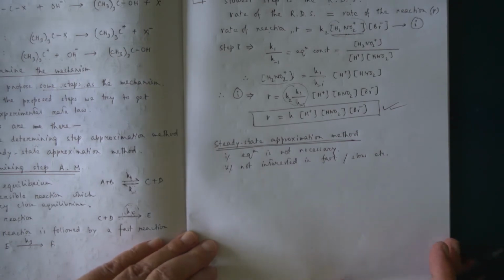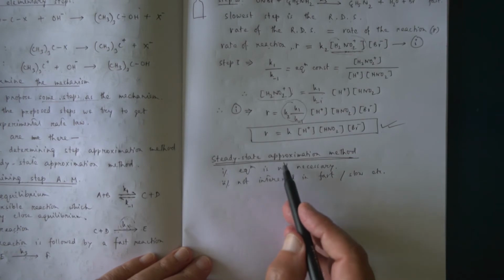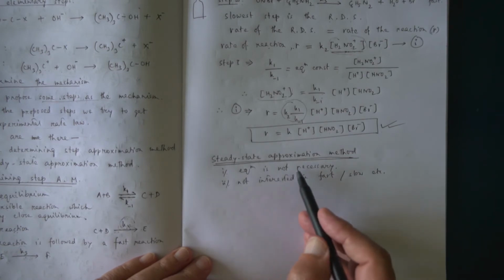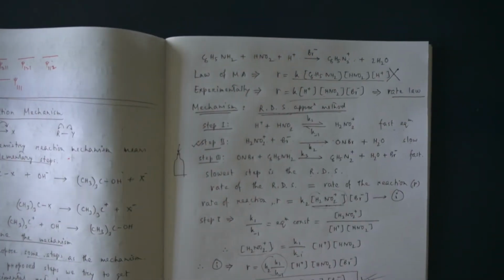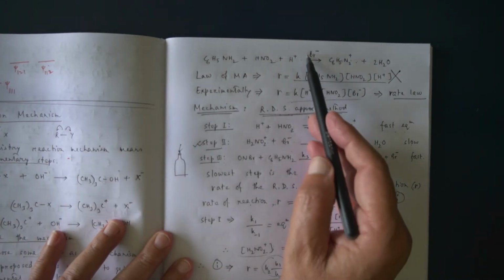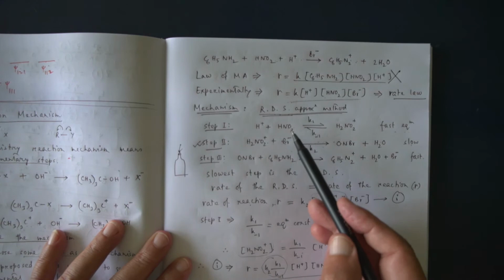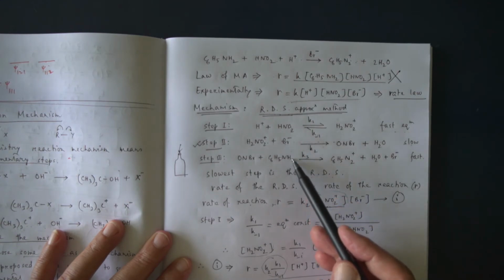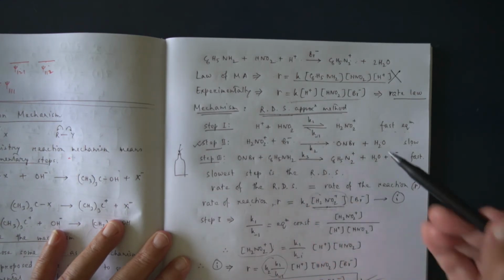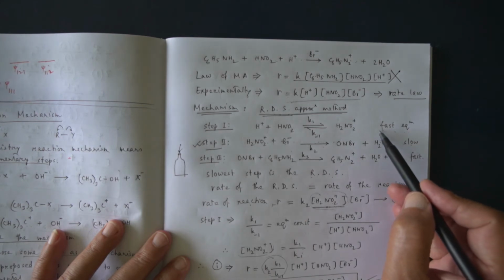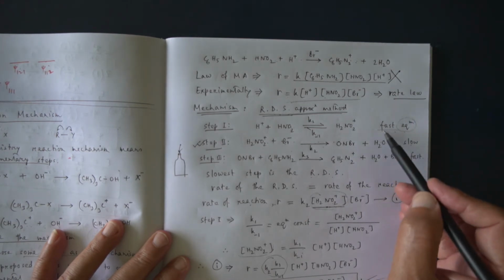So what is required is that, say here, for this reaction, let us use the same reaction. For this reaction, we are writing the mechanism like this. So in steady state approximation method, we do not require equilibrium.